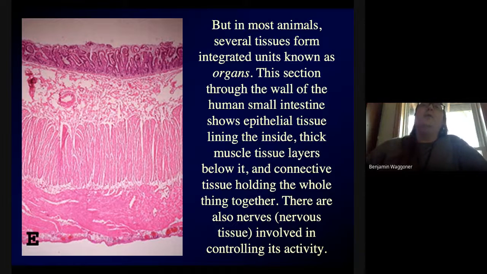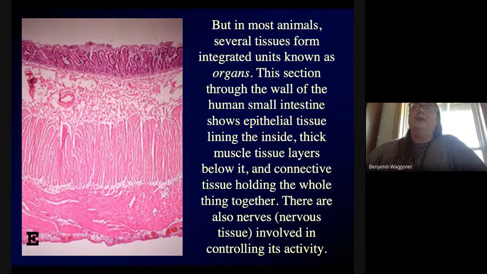Just below it, you've got a layer of connective tissue that's kind of spongy looking. And below that, you've got two layers of muscle tissue that contract and do the work of squeezing food through the small intestine, where your body absorbs as much of it as it can and then expels the rest in the form of feces.